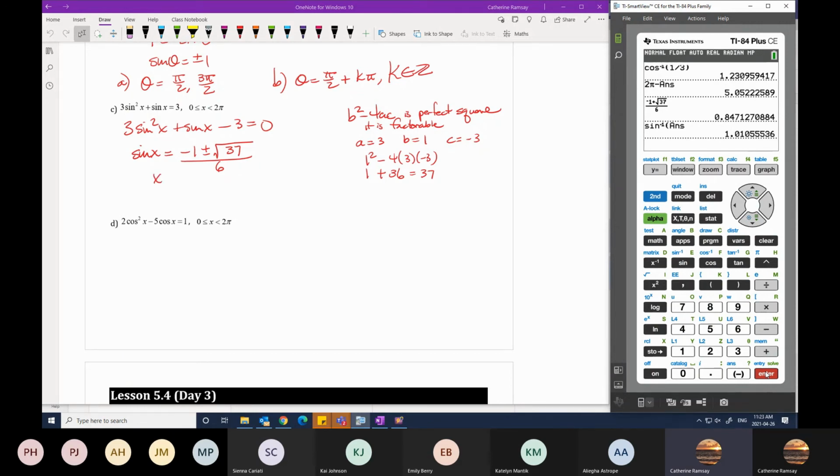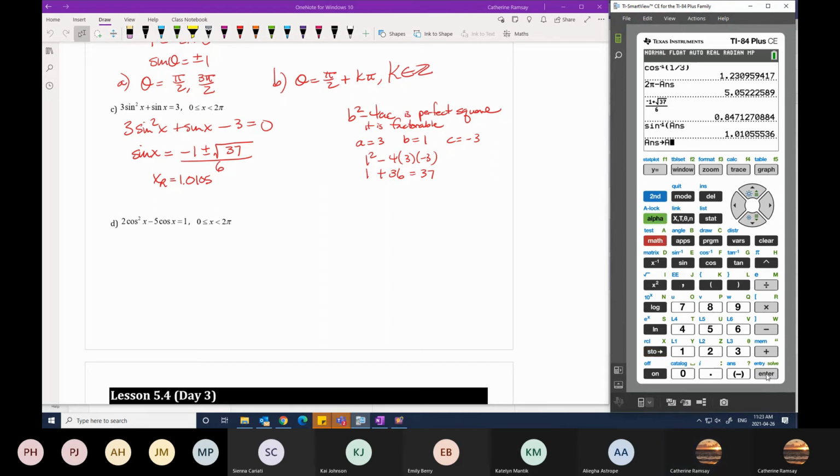So x reference would be 1.0105. Okay, so that's my reference. Okay, I'm going to store this now in alpha A.